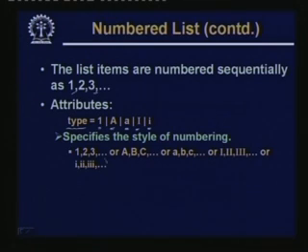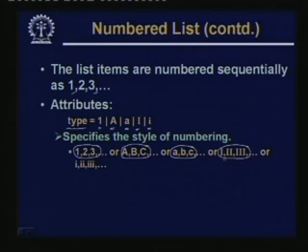This means that if we give type equal to 1, we want to follow the numbering scheme 1, 2, 3 like this. If it is capital A, we want to follow the numbering scheme capital A, B, C. Small a means we want to follow small a, small b, small c. If it is capital I, we are trying to follow the Roman numbering system.